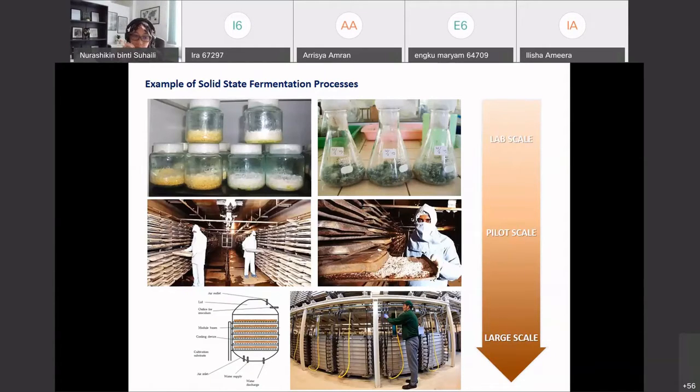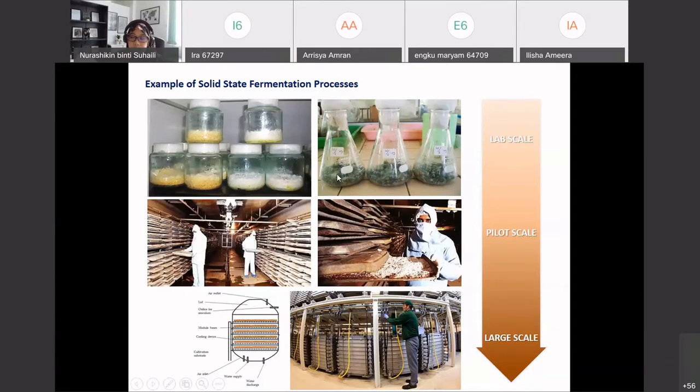Then you wrap the cotton inside it, and you tie it, and you use this gauze and cotton to cover the mouth of the shake flask. Even though it's closed, it actually allows the transfer of oxygen through the cotton. So that's why it is advisable to use a shake flask with cotton on top of it for the fermentation. And you can also use this kind of setting for liquid fermentation, not only for solid state fermentation.